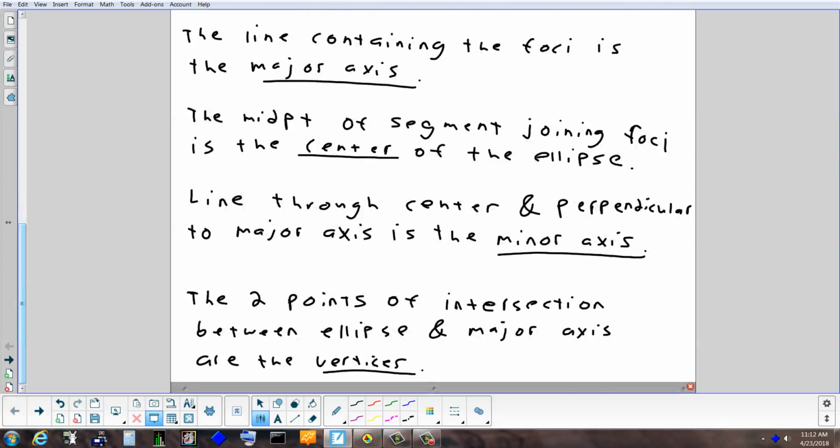Just kind of get all that stuff out of the way up front. Any questions on those terms? Major axis, minor axis, foci, vertices, center. I think that's it.